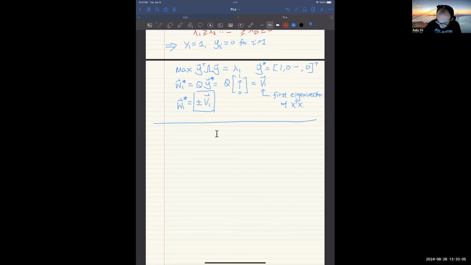So this is a little bit of review on the SVD, singular value decomposition.